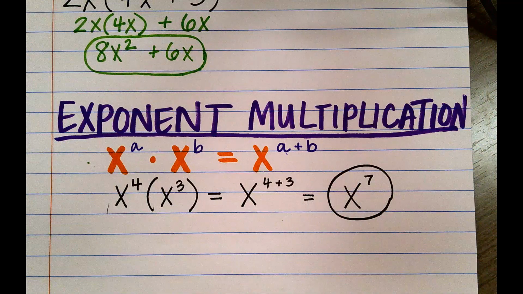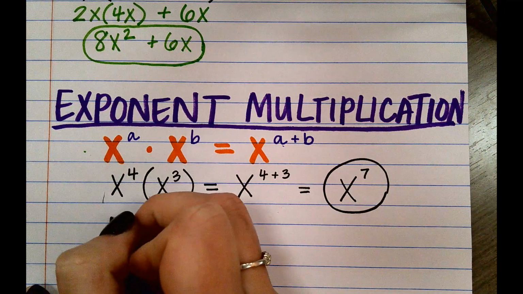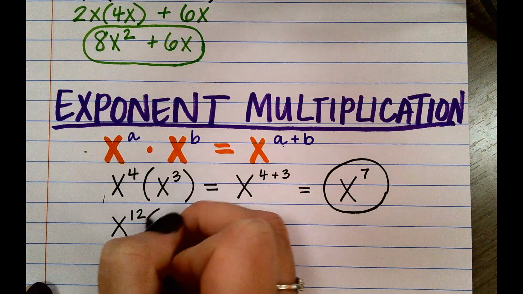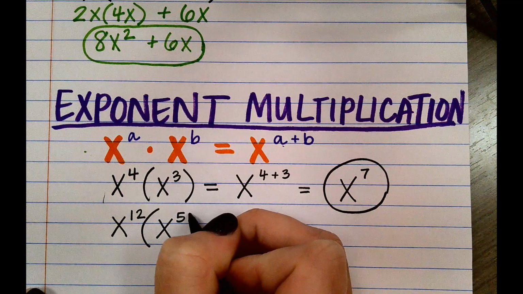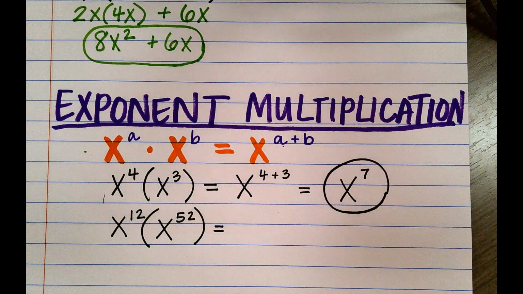You see that? Some funky rules. We just follow them. How about x to the 12th power times x to the 52nd power? Looks crazy, but you can do it. X to the 34.